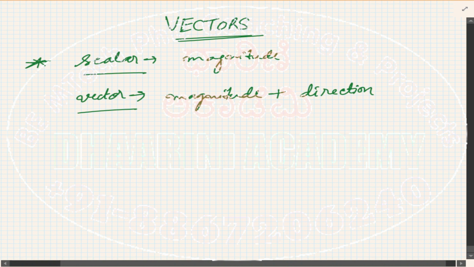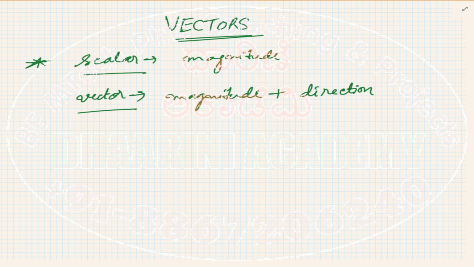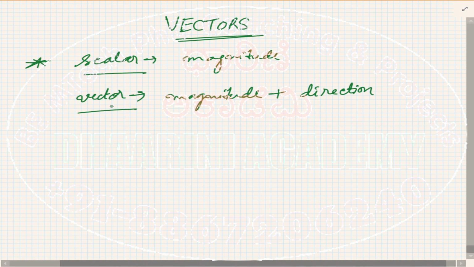We'll see them one by one later. So these are the two basic differences among the physical quantities in terms of their representation. One has only magnitude, one has magnitude plus direction. Okay, fine. Now for vectors, let's go to the notation.